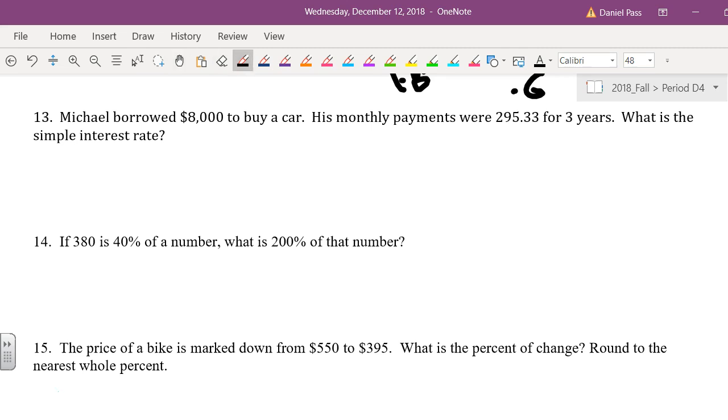First, what we do is, there's a lot of steps to it. First step, anyone want to help her? Right, multiply to find the total amount he paid.